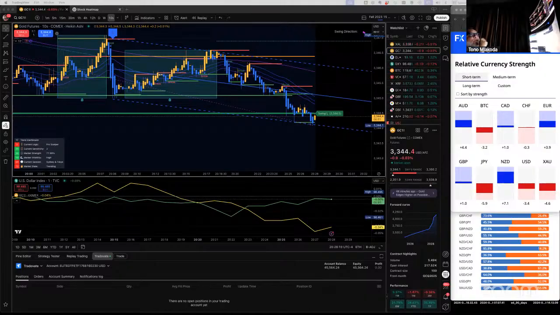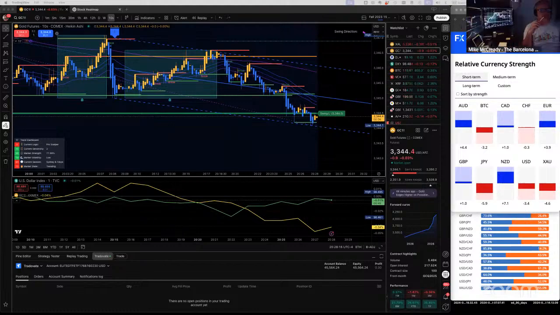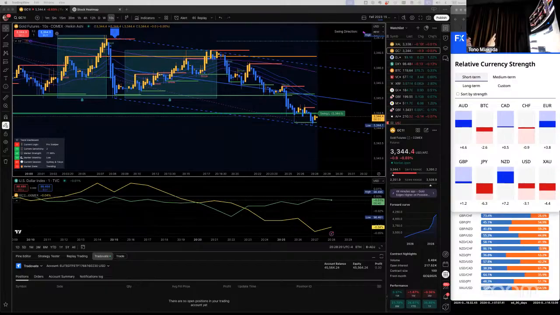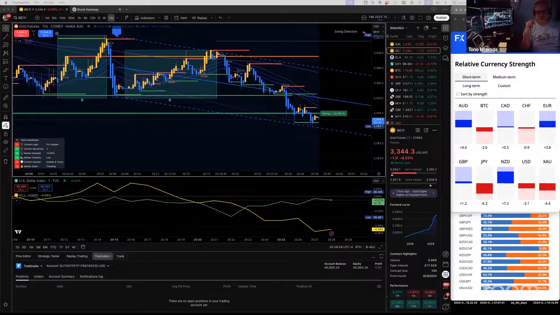The wrinkle originally started pointing down, now it's kind of stopped in its tracks. And look at the 5-second now. There's nothing pushing it down.